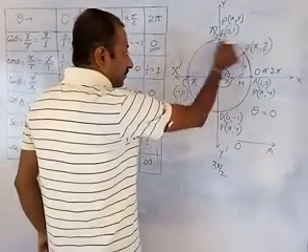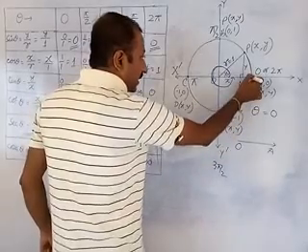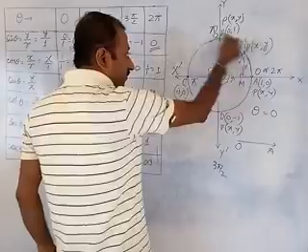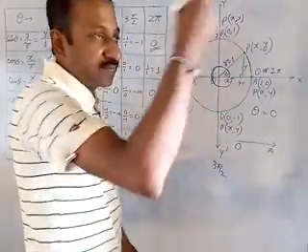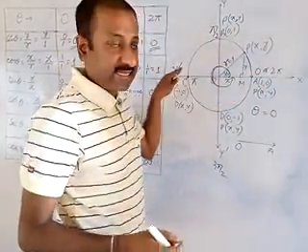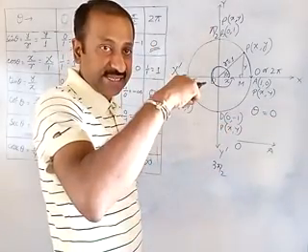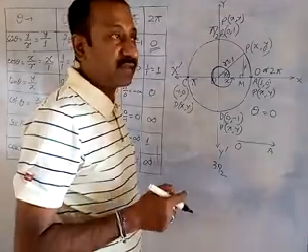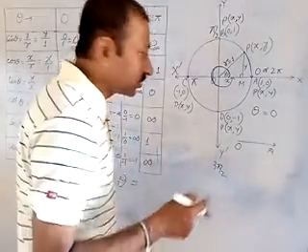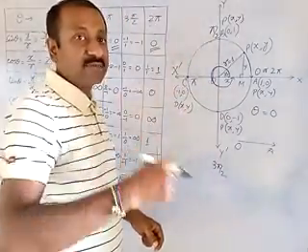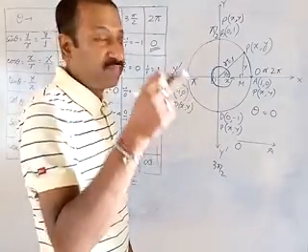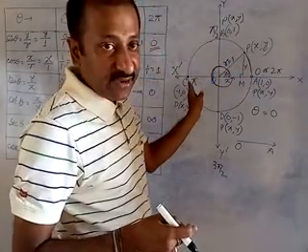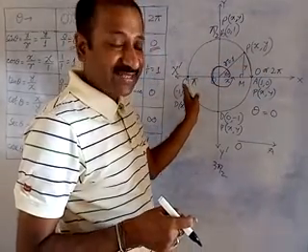Okay, then 0, pi, 2 pi, again 3 pi, 4 pi, 5 pi, 6 pi, like this. That means on the x-axis, if the angle reaches the x-axis, then the value of sin theta will be 0. Remember this point. Okay. Rotation comes to the x-axis. That means the initial ray is the x-axis, and the terminal ray is also the x-axis.